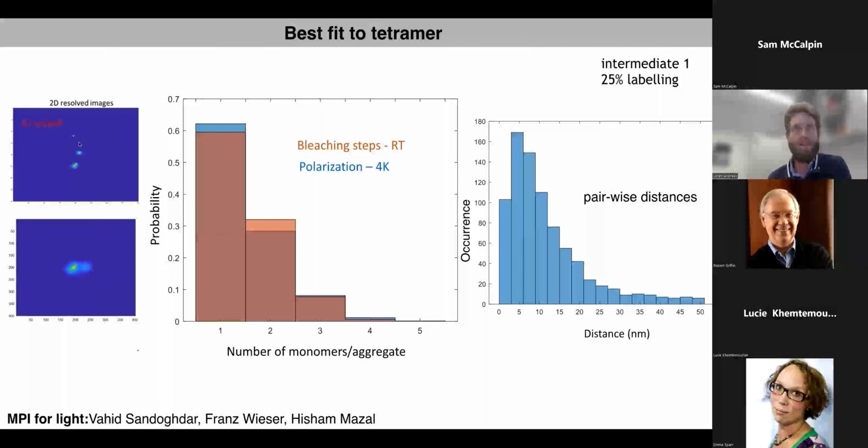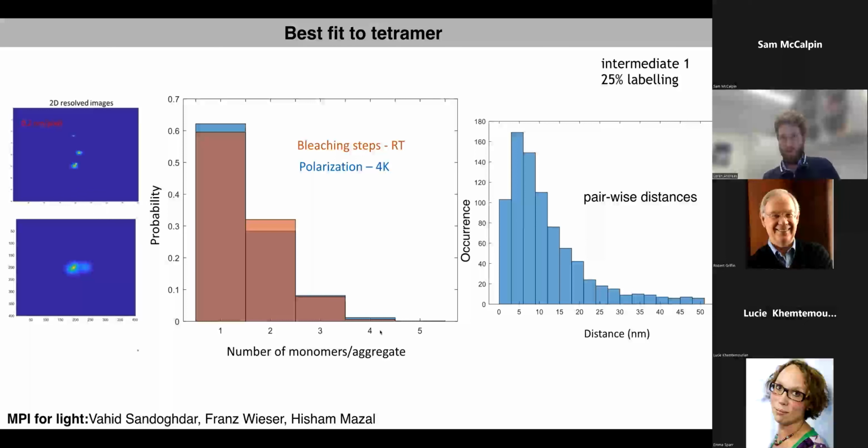After signal averaging, it's possible to locate different dyes in a 2-dimensional plane, and this shows one such case where there are 4 different locations of dye detected. And then by doing some statistics on the probability, you see that as expected for only 25% labeling, most of the time only a single dye is seen, but there's also a population of 2, 3, and 4 dyes detected.